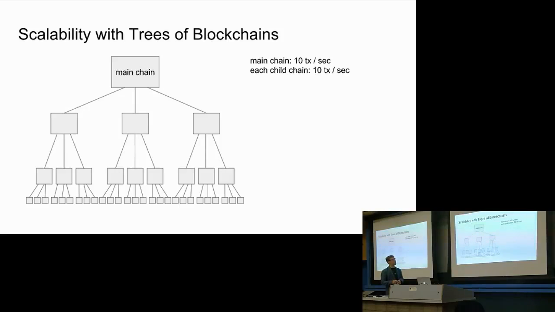Each of them would continue somewhere here, and then these 3 child chains again have 3 child chains, and again 3. Of course, if you want to move tokens around here, this involves quite some jumps between chains.